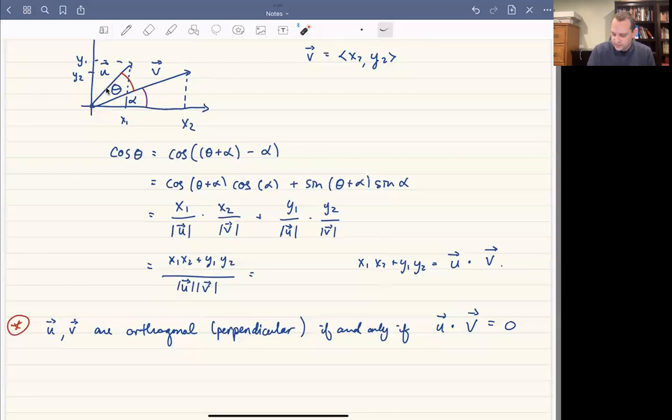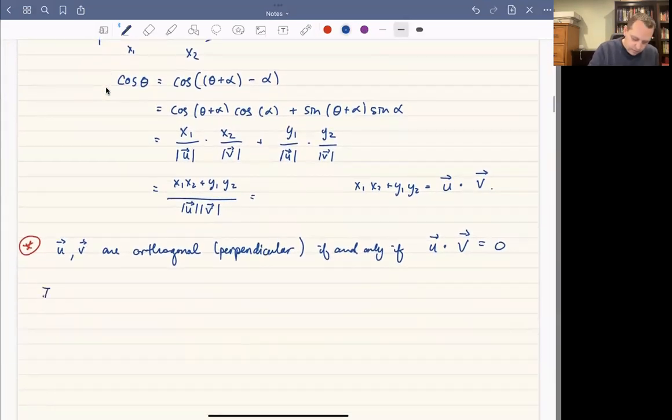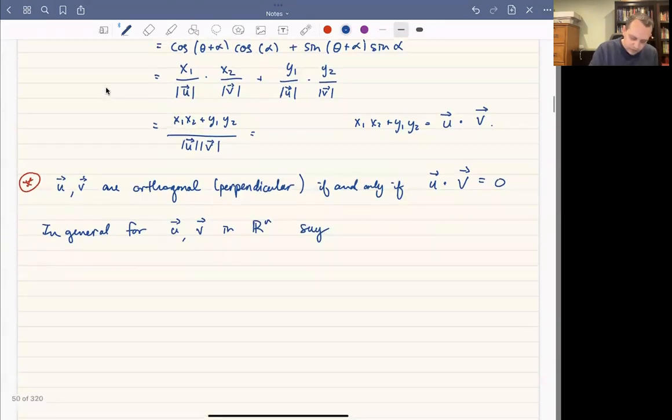Okay, so that's the first thing. Just in general, if we're talking about two vectors, if I have a vector u and a vector v in Rn, say u is the vector x1, x2, all the way up to xn, and v is the vector y1, y2, all the way up to yn.